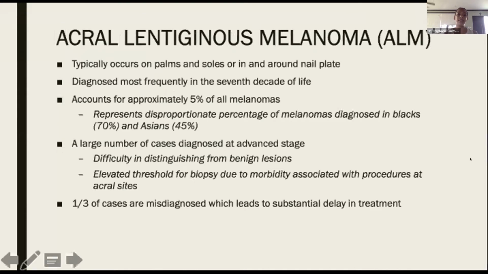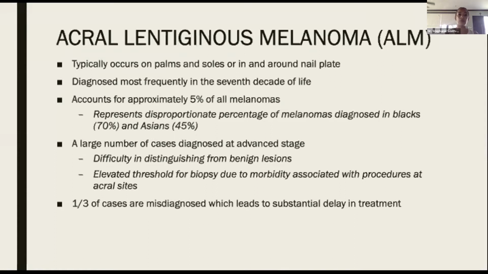So our acral lentiginous melanoma, or for short ALM, it typically occurs on the palms and the soles, or in and around the nail plate. It's diagnosed most frequently in the 7th decade of life, although we do see them occurring from age 50 onwards. Acral lentiginous specifically accounts for approximately 5% of all melanomas.